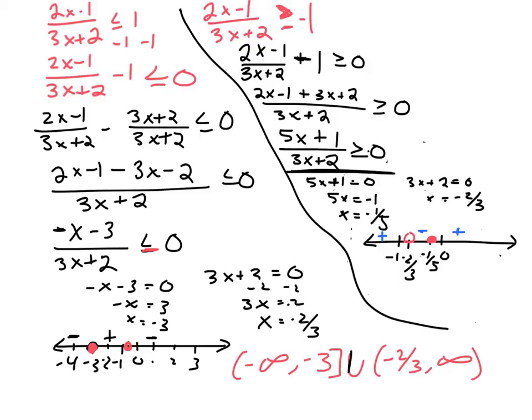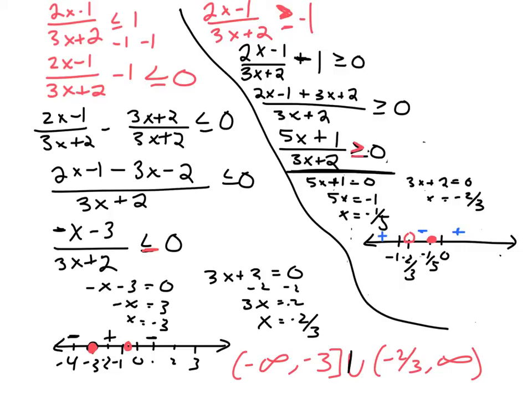Then I went ahead and did test points, and I found that this fraction is positive to the left of negative 2 over 3. It's negative between negative 2 over 3 and negative 1 over 5. And then it's positive again when it's greater than negative 1 over 5. Okay? And then this one was asking us to find when it was positive, right?